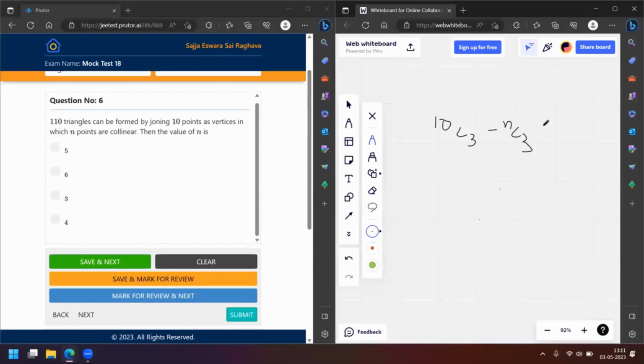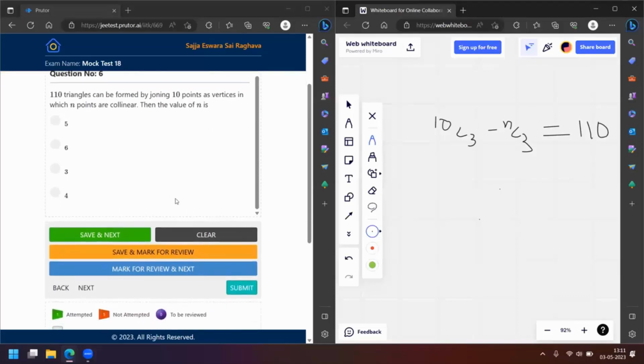So 10C3 minus nC3 should be equal to the number of triangles formed. Finding the value of n from this, you can get the number of collinear points.